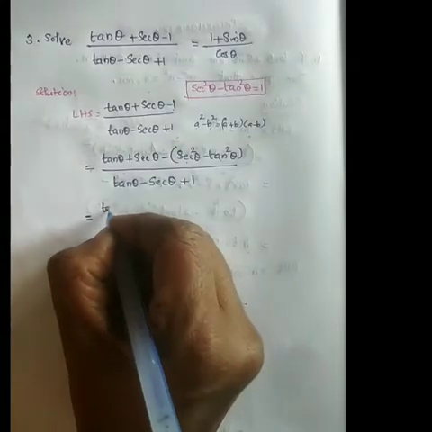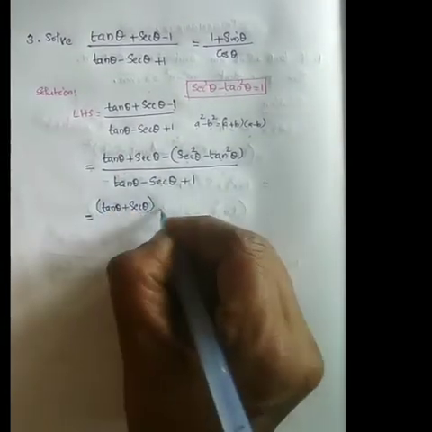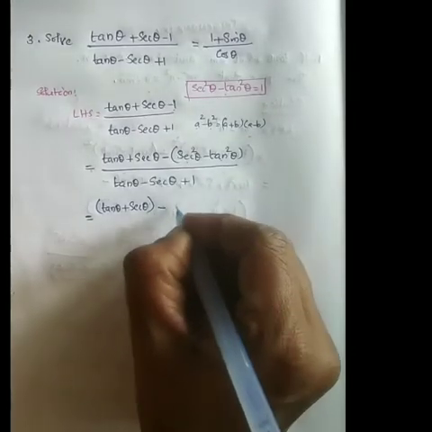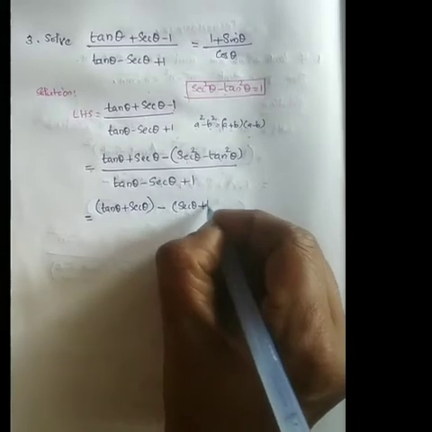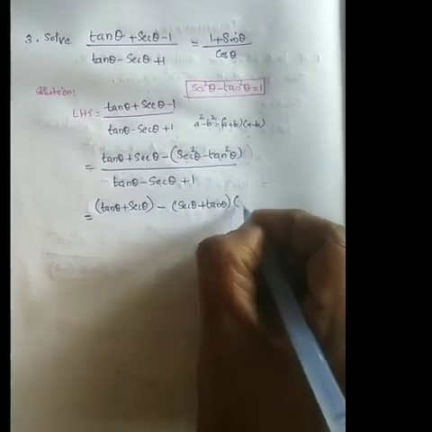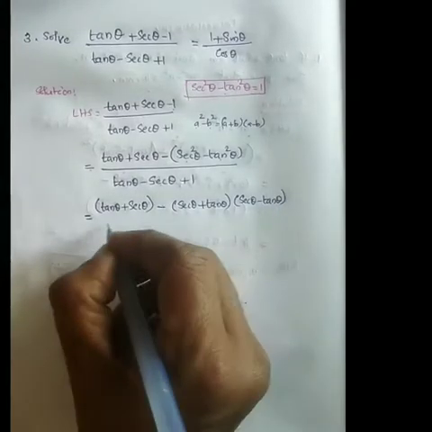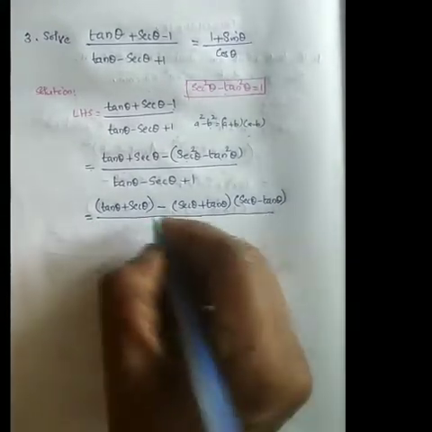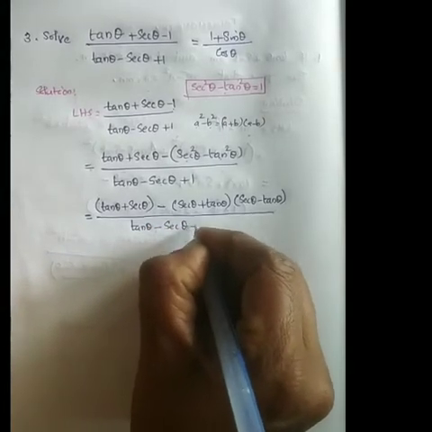That is tan theta plus sec theta minus sec theta plus tan theta into sec theta minus tan theta, divided by the denominator tan theta minus sec theta plus 1.